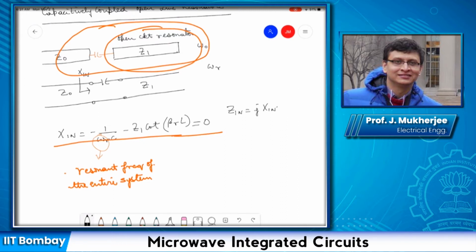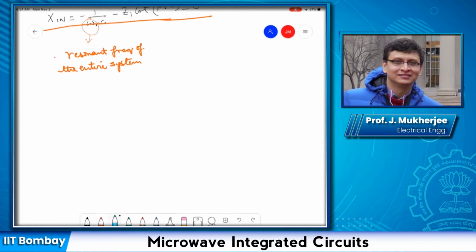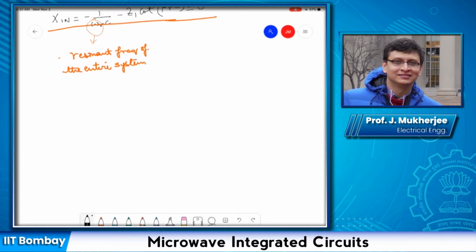So how do we obtain the resonant frequency? Once again, omega 0 is the resonant frequency of only the open circuit resonator, and omega r is the resonant frequency of the entire system. To find the resonant frequency, we can start the way we had obtained the resonant frequency for the shorted stub.